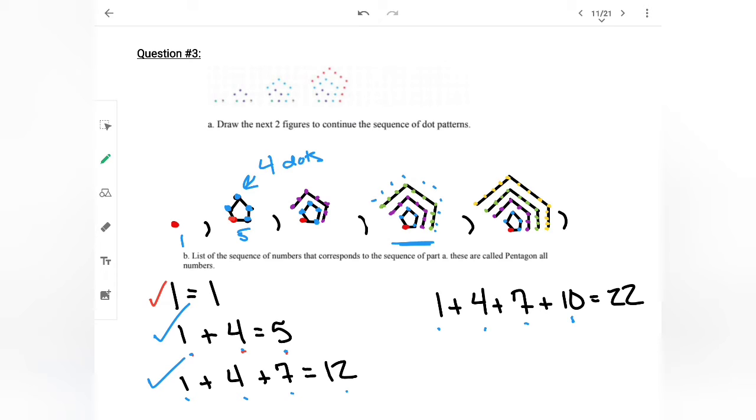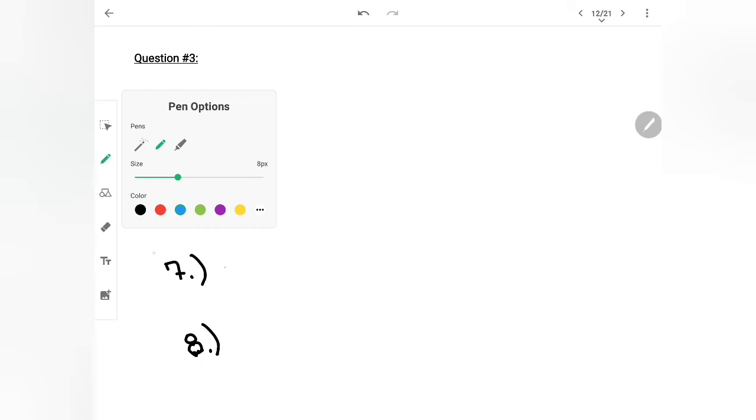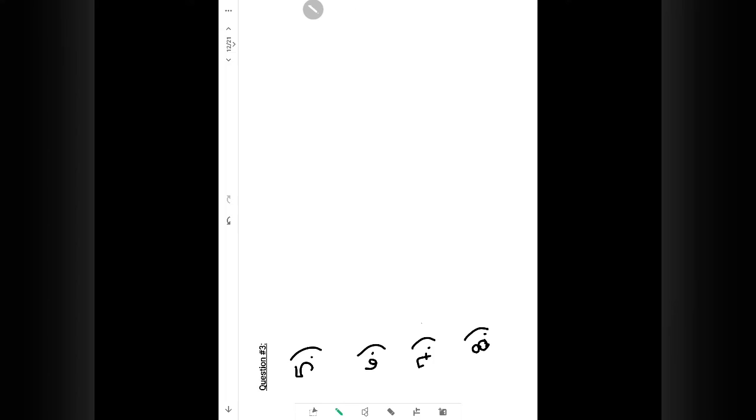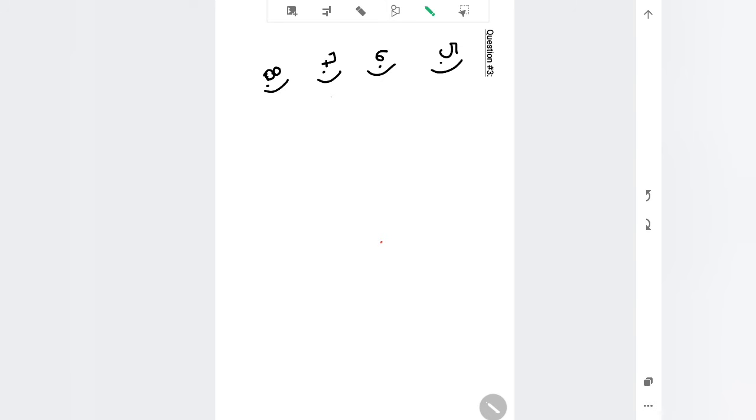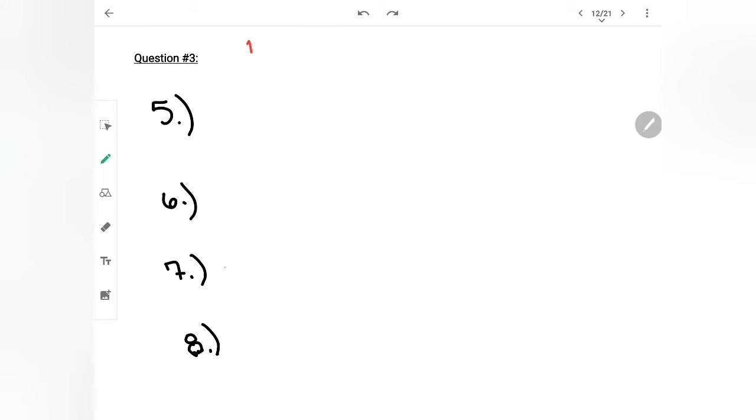We'll copy the fourth sequence onto our next page, 1 plus 4 plus 7 plus 10. So we know that 1 plus 4 plus 7 plus 10 should be equivalent to 22.